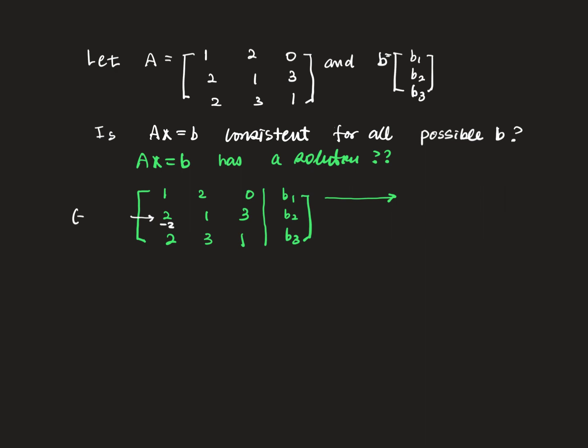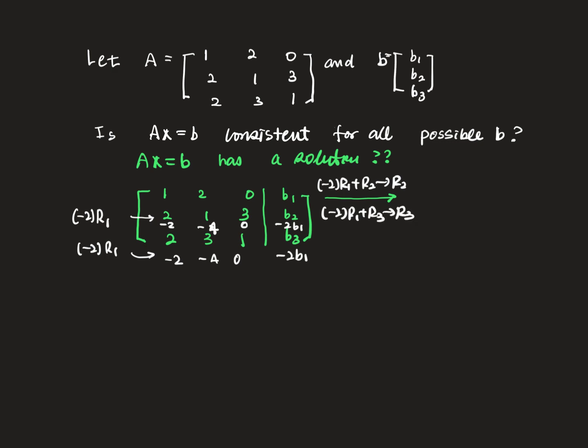So negative 2 times R1: negative 2, negative 2, negative 4, 0, negative 2B1. Everything make sense? Okay, so now what you did: negative 2R1 plus R2 going to R2, negative 2R1 plus R3 going to R3.